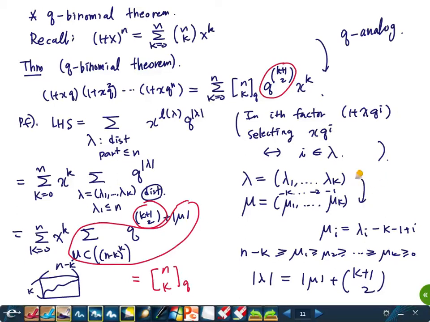This is a standard technique, changing partitions of distinct parts into partitions without the condition that they are distinct. So this is the q binomial theorem. This is very useful, and it will be used many times. And there is another version of this q binomial theorem, and that is one of the homework problems. Question?